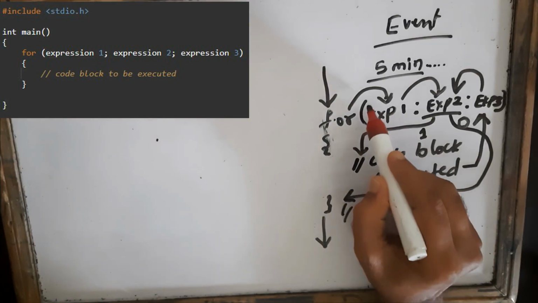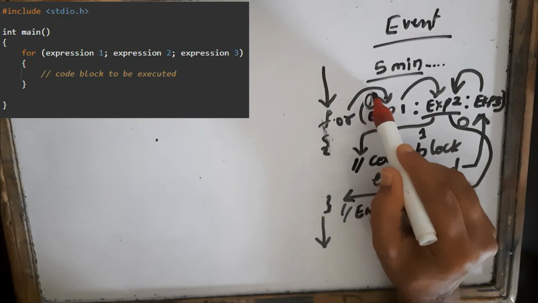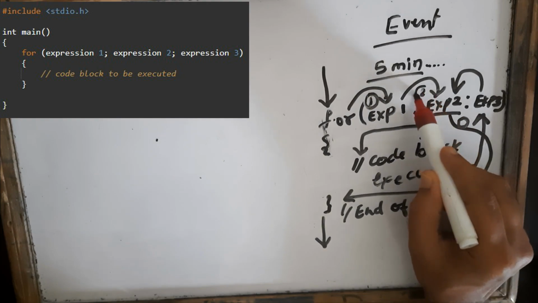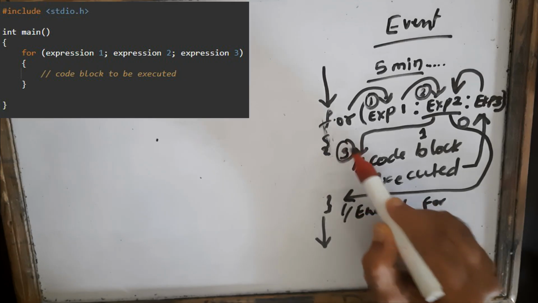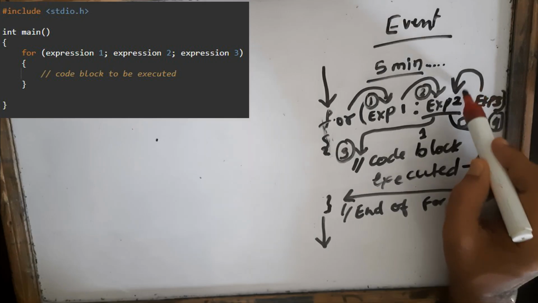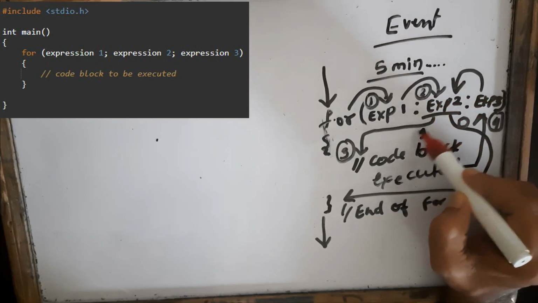So the first expression is executed once in the for loop. Then it checks the condition, then executes the code block. From there it goes back, executes the increment, then comes back and checks the condition again.